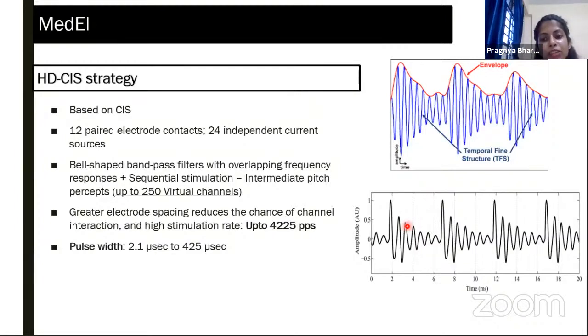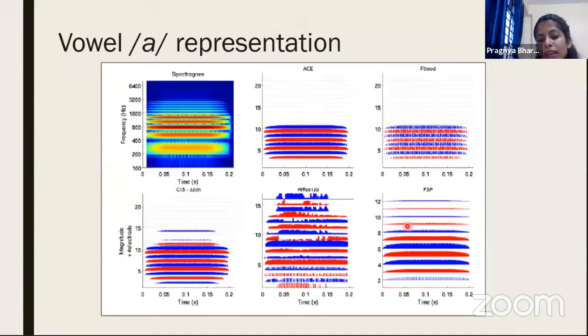At the end of the day, our brain is adaptive and it adapts to the signal that is being provided to it. So I think the experience that the listener has with the cochlear implant and the amount of stimulation that they get weighs heavier than the exact stimulation strategy that is being used.